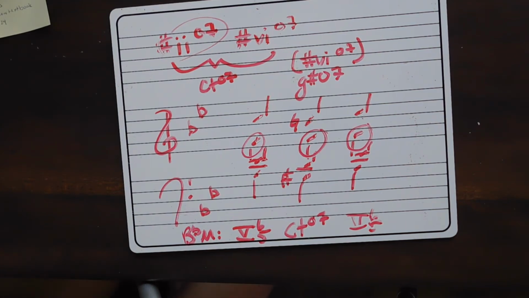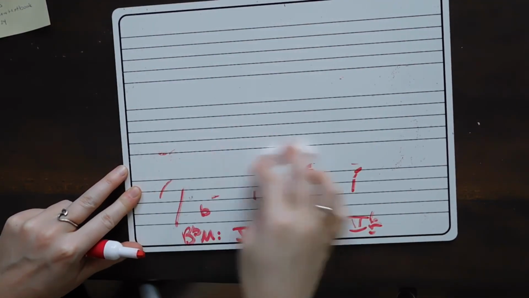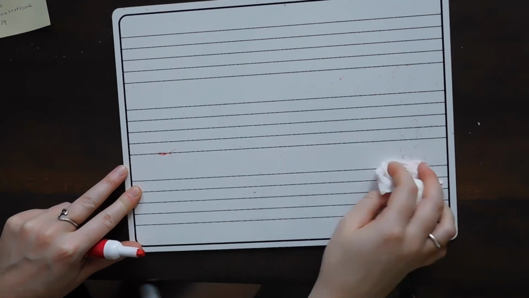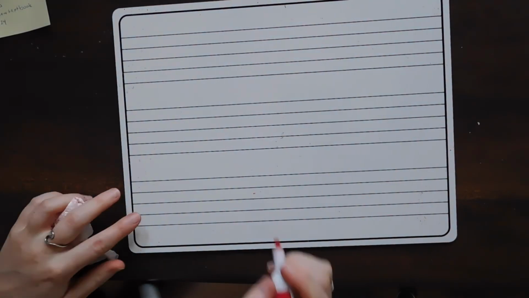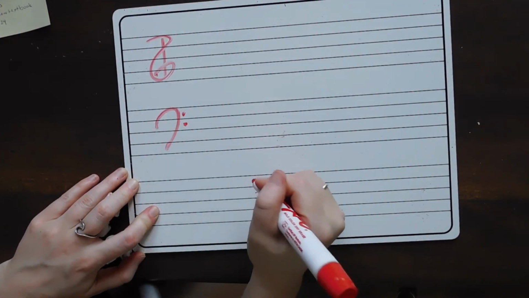So what we're going to do as an example, I would like us to try, let's say you are given the key of E major. Let's go up here.